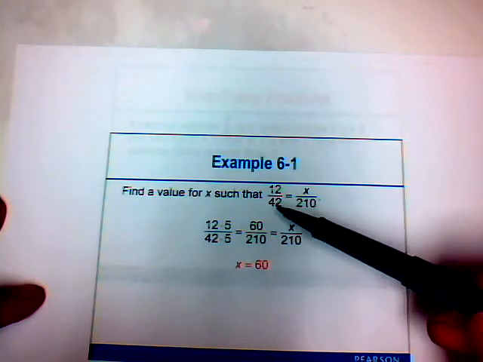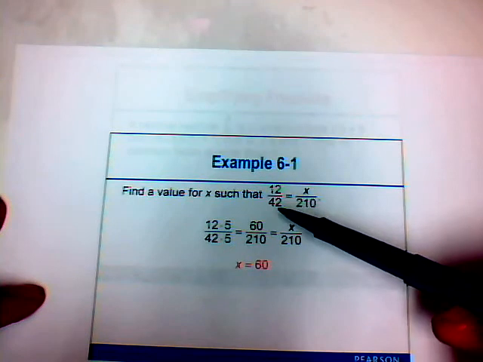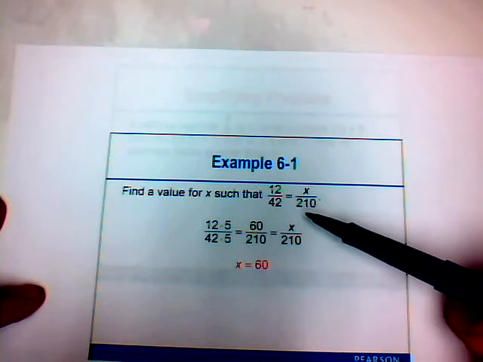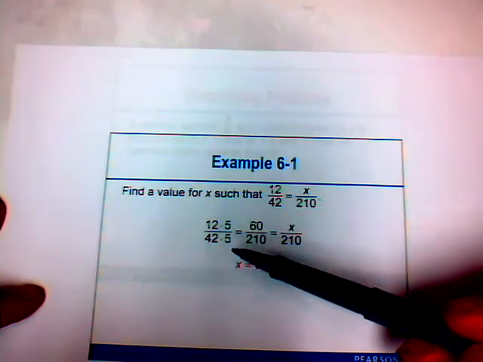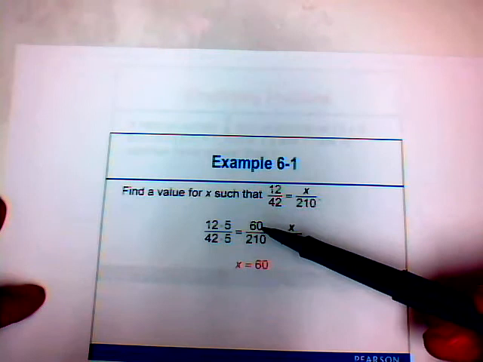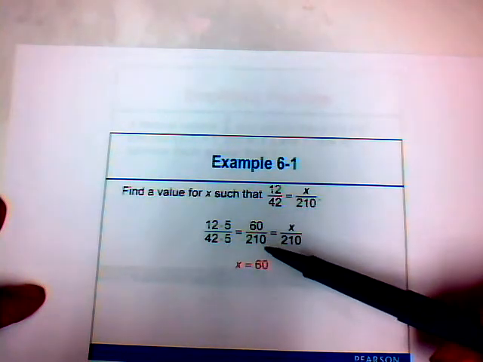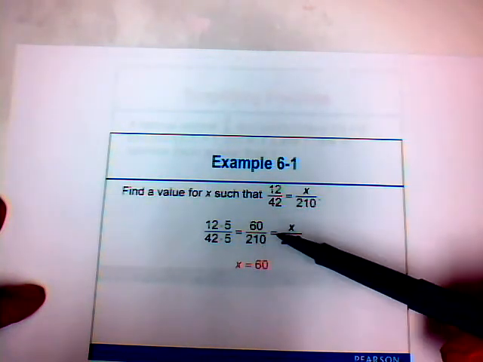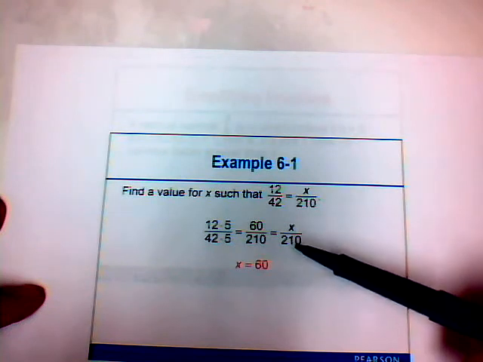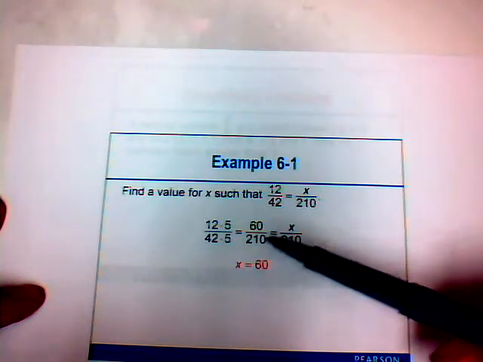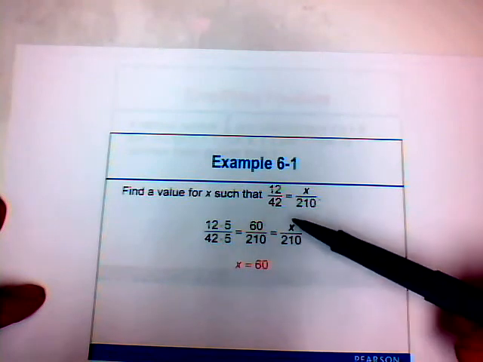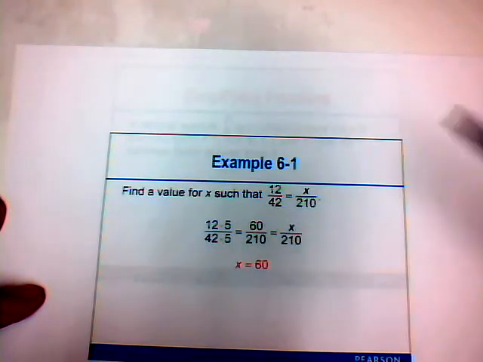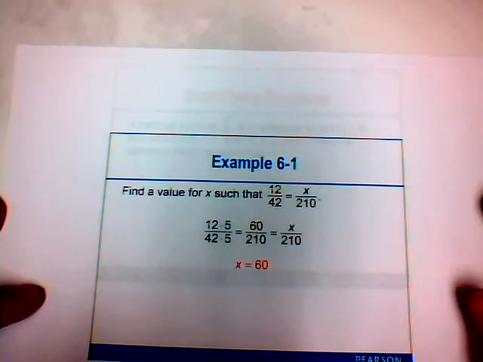Because if you multiply 42 times 5, you get 210. So they multiplied the numerator and the denominator by 5. Here 12 times 5 gives you 60, and 42 times 5 gives you 210, which is going to be the same as x over 210. Well, these denominators are the same, so this value has to be the same as this value of x. So x is going to be equal to 60.